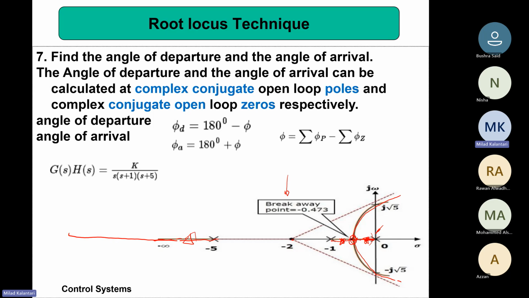The response of the third pole is not going to limit us in the final time domain speed performance, because it is already very large compared to the other ones. So our response is limited to the poles near the origin, most likely.